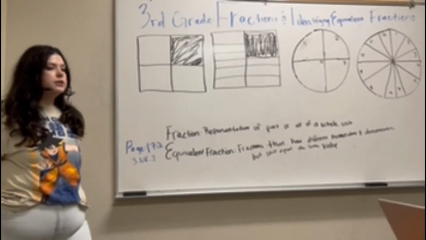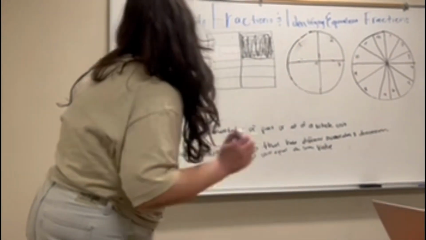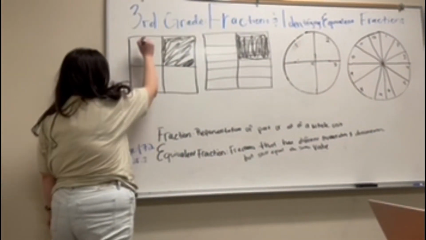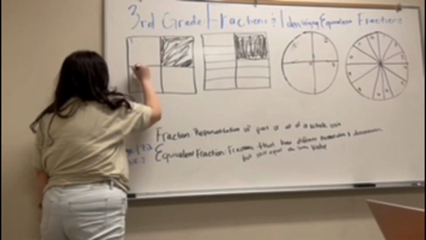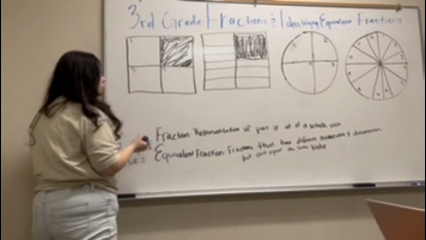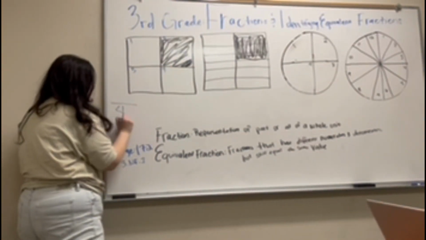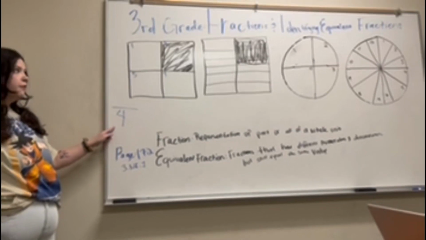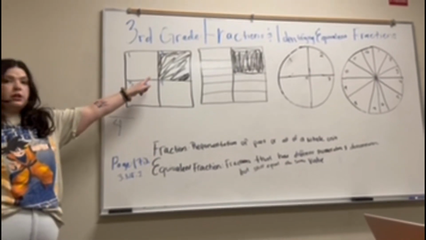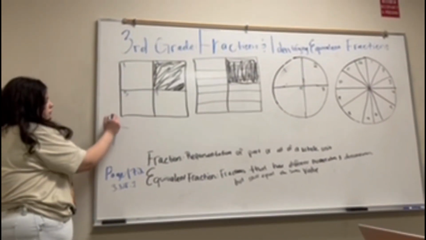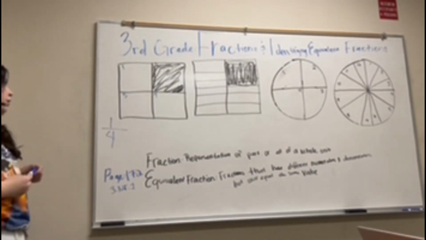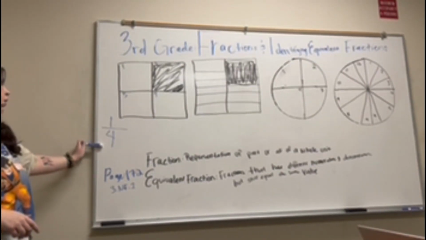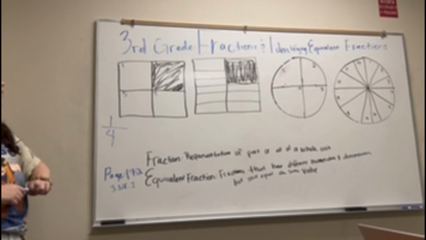So for our first example, this square has 1, 2, 3, 4 parts of the whole unit. That would make our denominator 4. One section is shaded in, so we know our numerator is 1. This is 1/4 of that square.